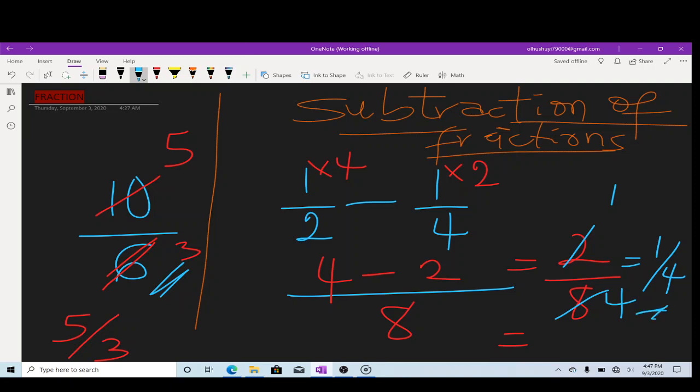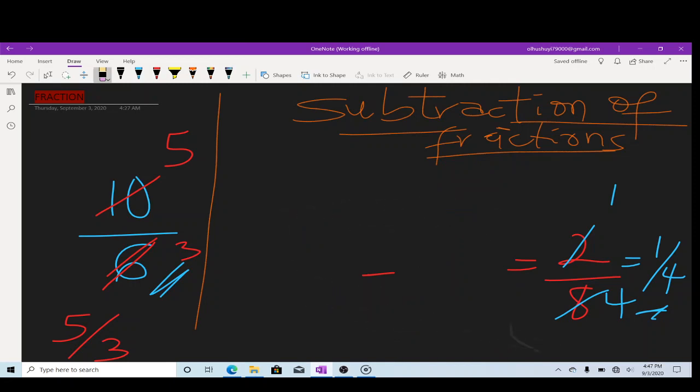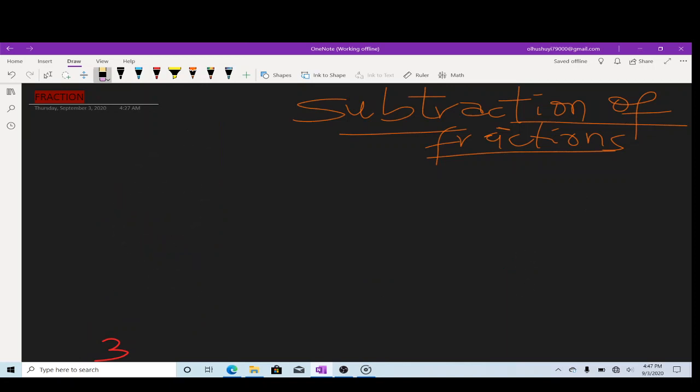What if you have the last example before we go? You have two whole number 1 over 2 minus one whole number 1 over 4, in case you have a question that is in form of mixed numbers.